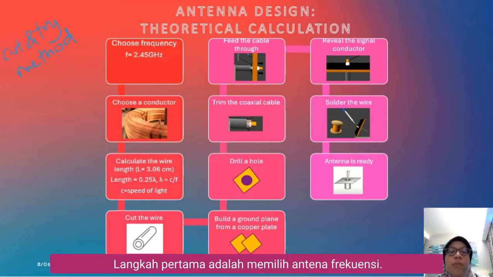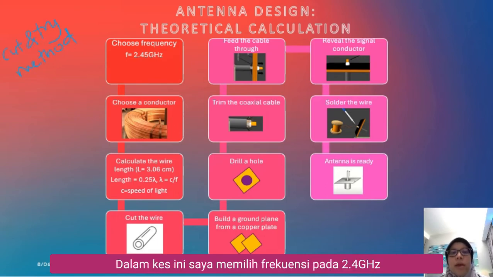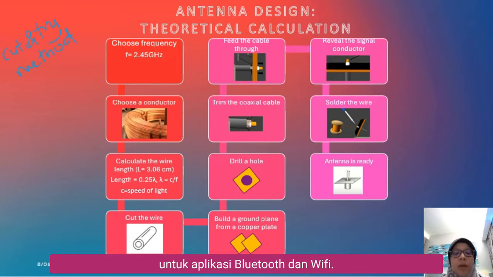The first step will be to choose the frequency. For example, I want to choose a frequency of 2.4 gigahertz, where the application is for Bluetooth and Wi-Fi.